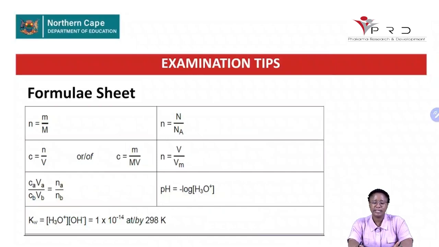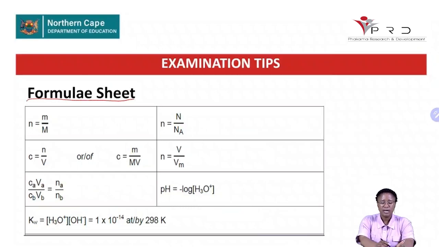Lastly, the examination tip that I want to give you is that you need to familiarize yourself with the formula sheet. Why? Remember, we are doing stoichiometry calculations and we'll be doing pH calculations. So it's very important for you to know which formulas you are going to use to deal with acids and bases. Remember, we use all these formulas to calculate the number of moles, the volume, the concentration, sometimes even the mass, okay?